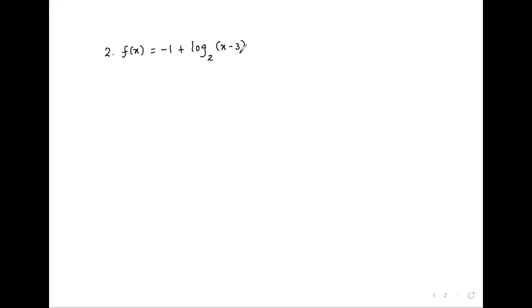So to sketch this function, the horizontal asymptote comes from the exponential. So I mean, now it's not the horizontal, it's a vertical. So for log, it's a vertical asymptote. So we set x minus 3 to 0, saying x should be equal to 3.